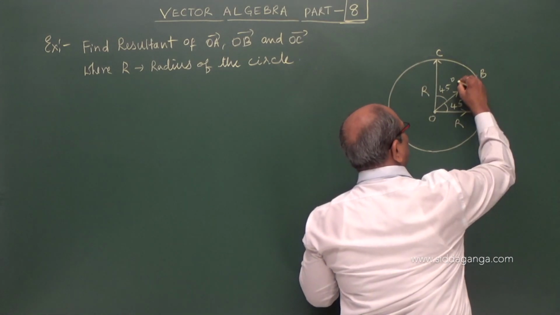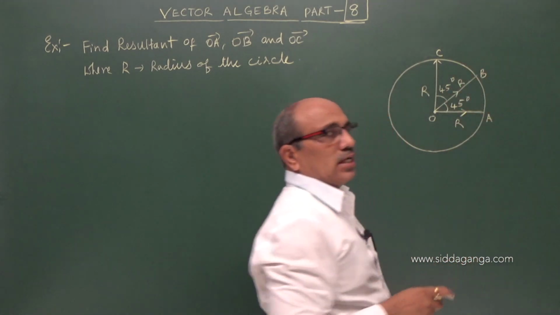As it is a circle, this is also R, the radius of the circle.